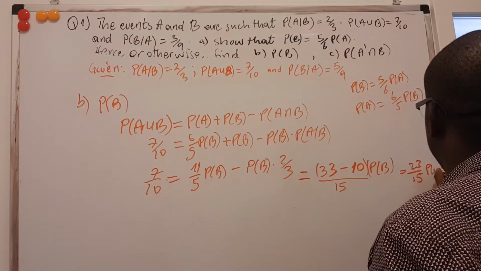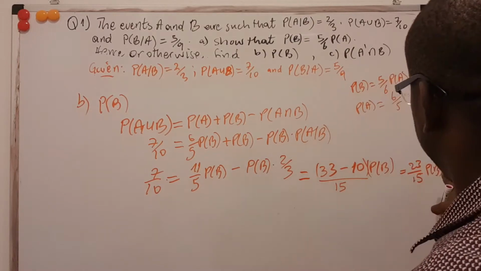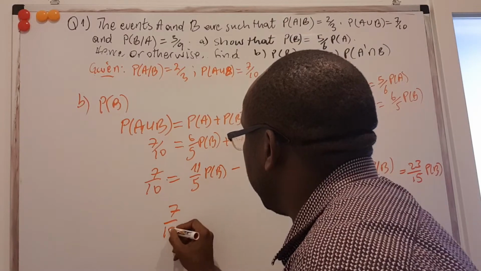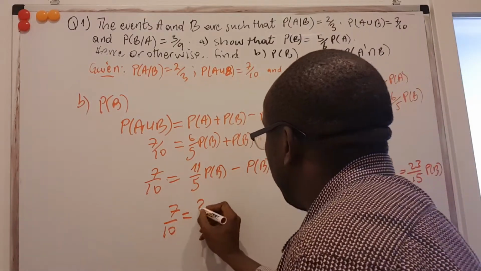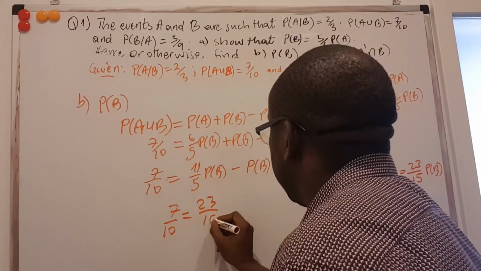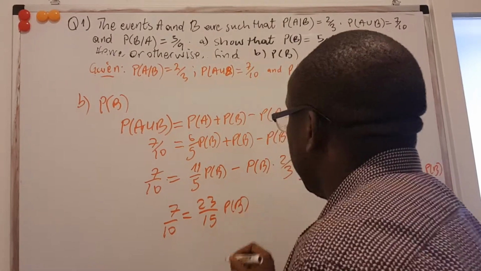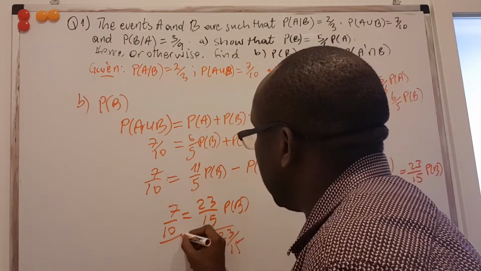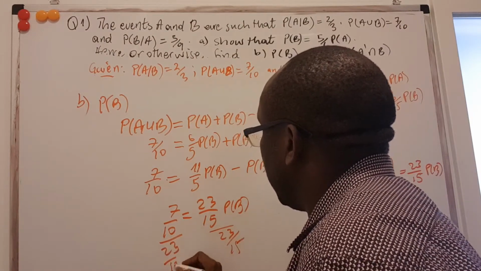On 15 PB. So I need PB, so I will divide both sides. We have 7 on 10 is equal to 23 on 15 P of B. For P of B, I divide both sides by 23 on 15.